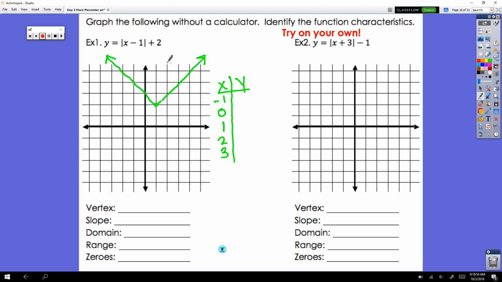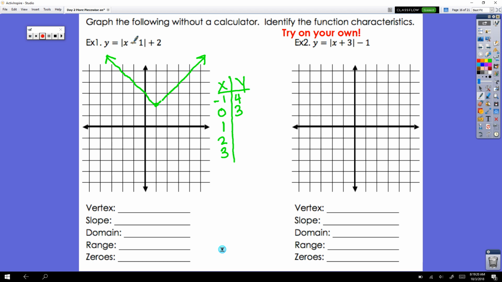From here, if we were to put negative 1 in here, negative 1 minus 1 is negative 2. Absolute value of negative 2 is positive 2. Plus 2 is 4. If we were to put 0 in here, 0 minus 1 is negative 1. Absolute value of negative 1 is 1. Plus 2 is 3. We put 1 in. 1 minus 1 is 0.